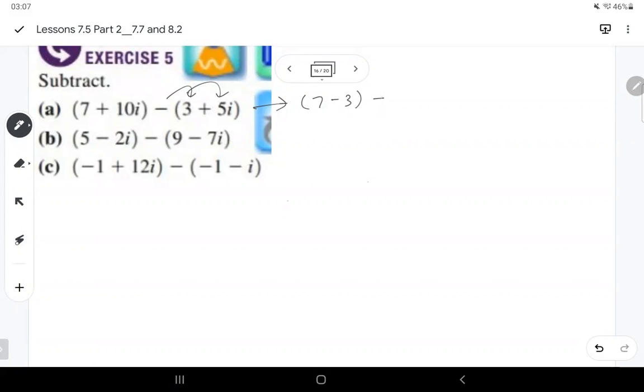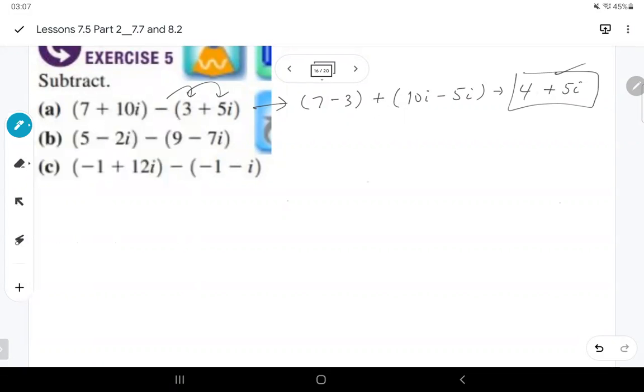We could have a plus or a minus, so it just depends on what happens here. Just gonna leave it as a plus for right now. And then it's gonna be 10i minus 5i. So that actually works out to be 4 plus 5i.